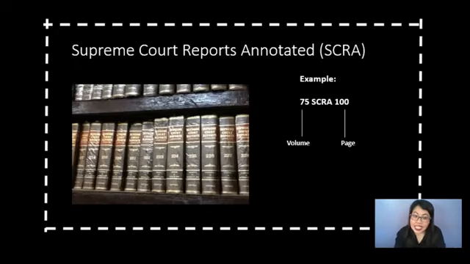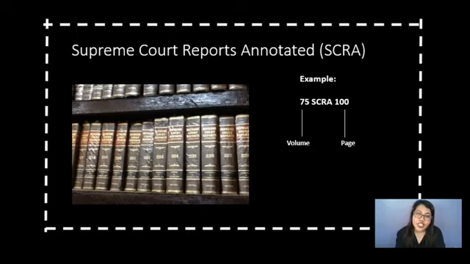Now, there are instances that instead of giving you the GR number, you are given a SCRA number instead. So, what is a SCRA? SCRA stands for Supreme Court Reports Annotated and is a printed compilation of cases decided by the Supreme Court. You can usually find these in the library.